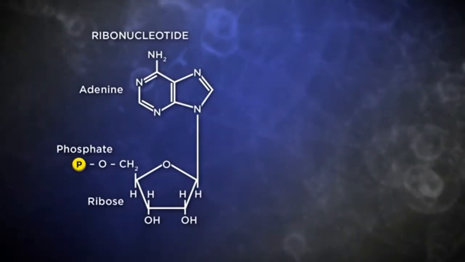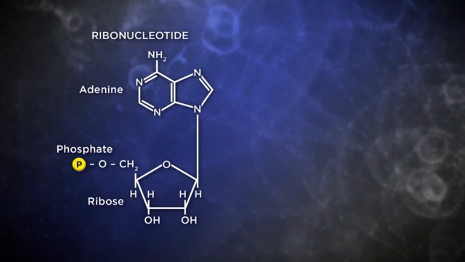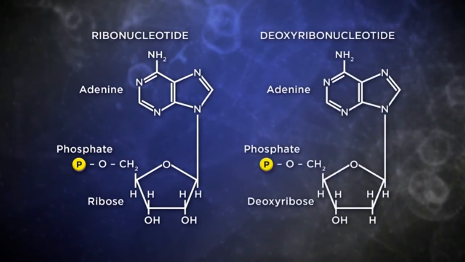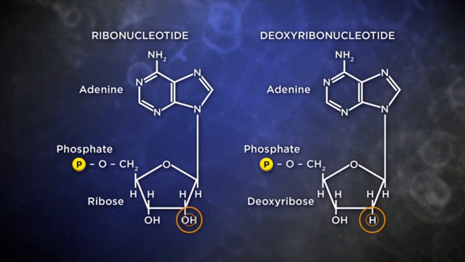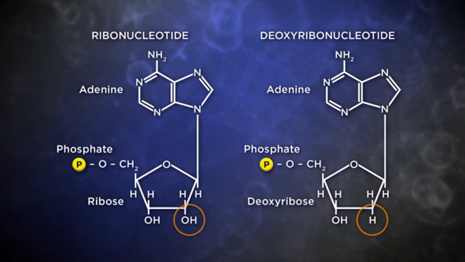So far we've talked about the synthesis of ribonucleotides, the building blocks of RNA. To make DNA nucleotides, the ribose sugar in ribonucleotides must be converted to deoxyribose, which lacks an oxygen at the 2' position of the sugar.